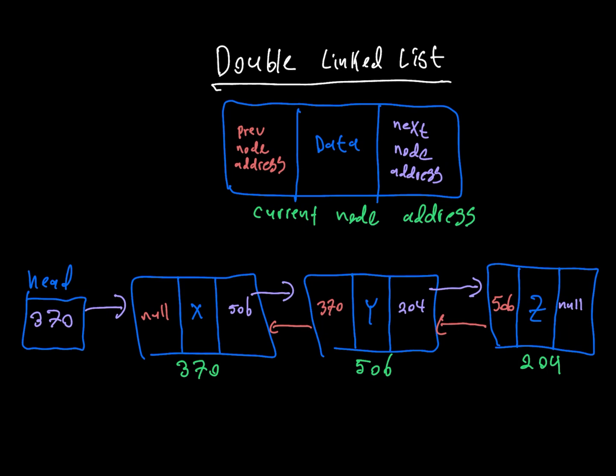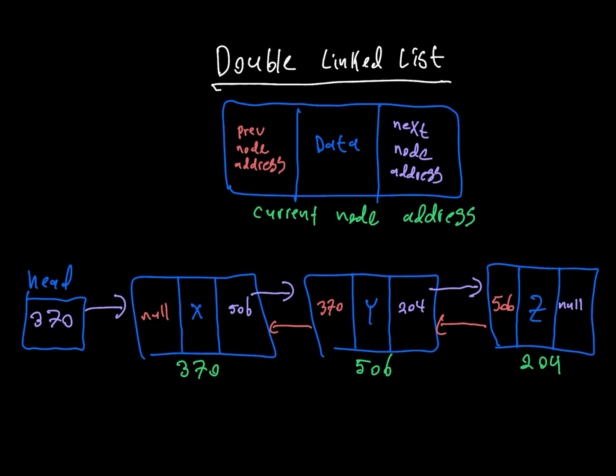So over here is pointing to 370. This allows us to traverse this way as well as reverse the way that we traverse. So we can move both directions, right? It also could potentially make deleting a node easier.